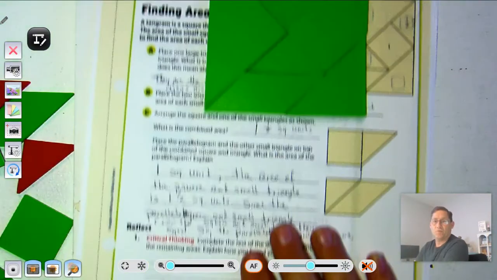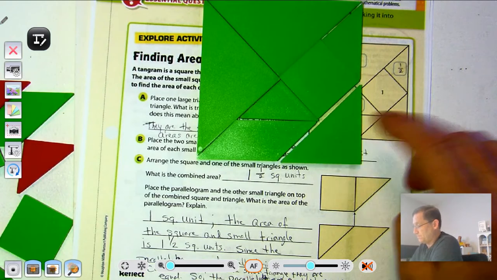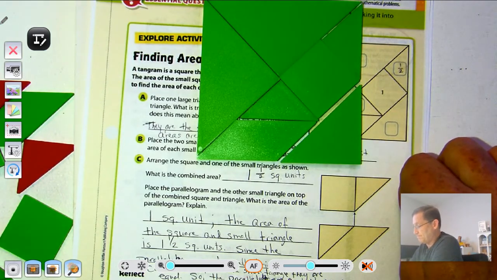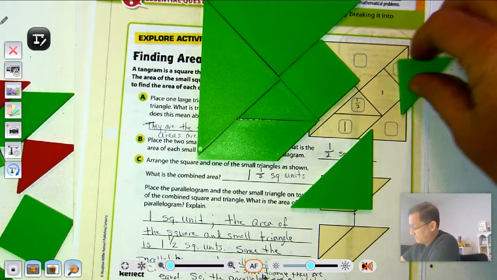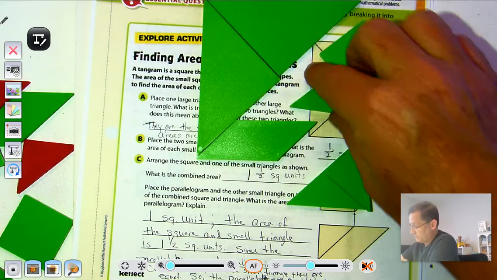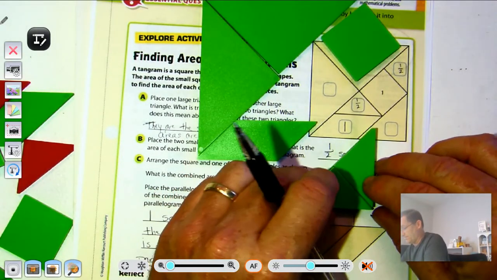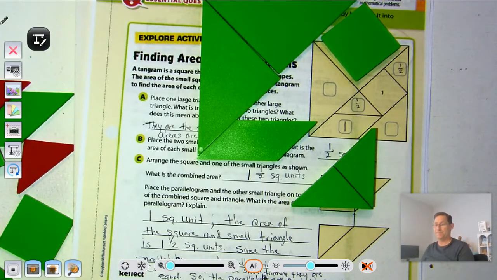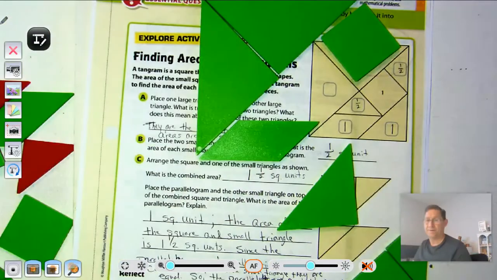All right. So what is the area of the medium triangle? Well, let's see. Can we use two of the small triangles to equal the area of one of the medium triangles? We can, right? So the area of the medium triangle is also 1.